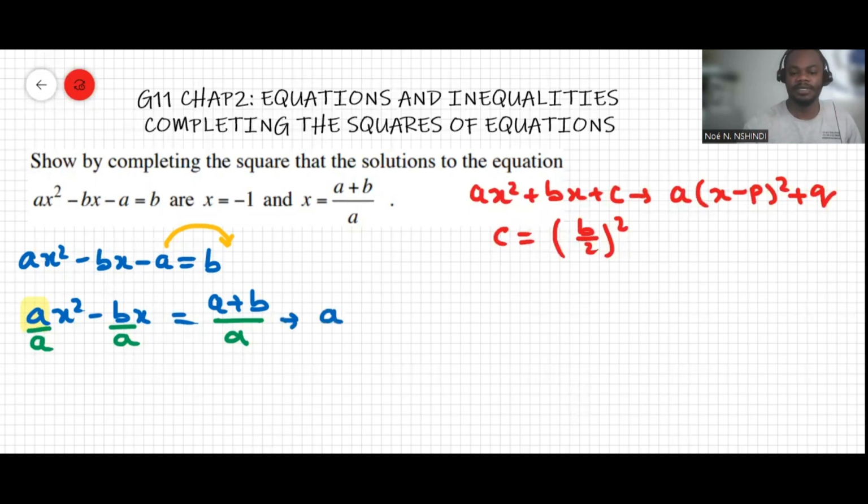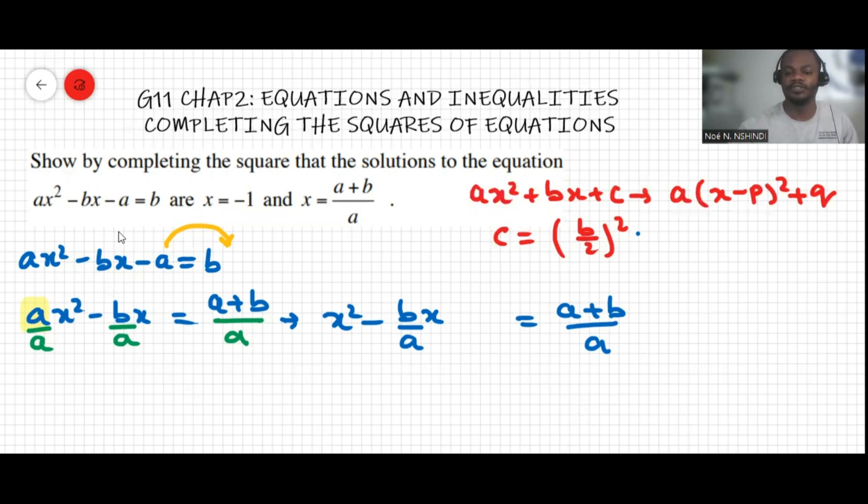Not a, but x squared minus bx over a equal to a plus b over a. Now, I need to complete the value here, the c value that will make the left-hand side of the equation a perfect square, okay? Because negative a here, we're not making the perfect square.